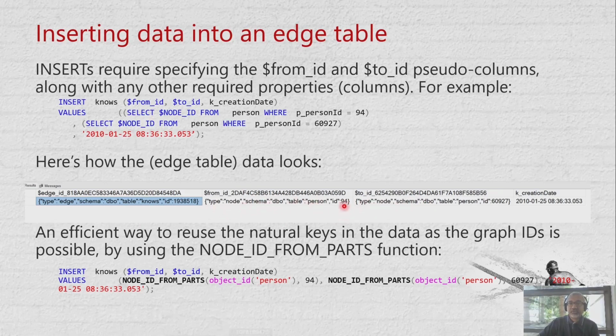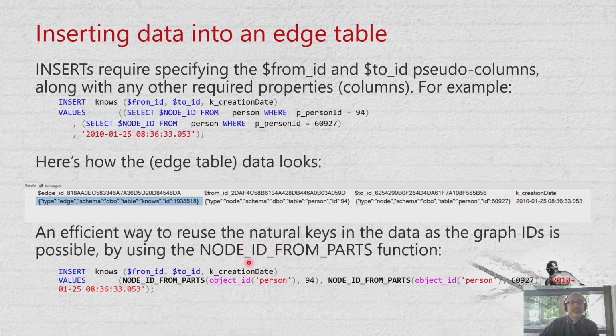It has a value of 94, and the to ID is again in the person table, but this time with a value of 6927. So this is how we worked with these two from and to ID identifiers.